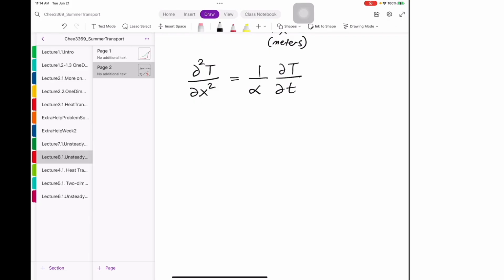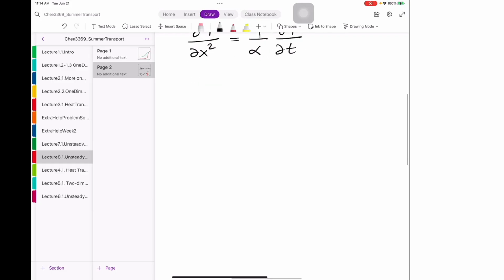I want to replace all the x's by a times x, and all the t's by b times t. It should hold. Although you're changing the units, the alpha is going to have different units, but that's okay. Let's see what's going to happen at this moment.